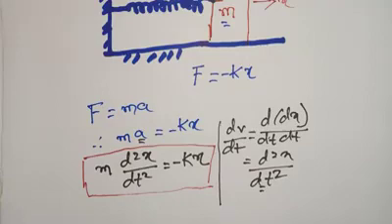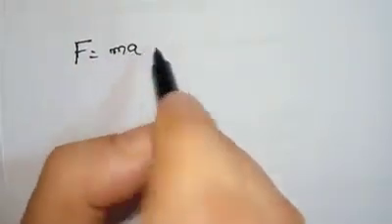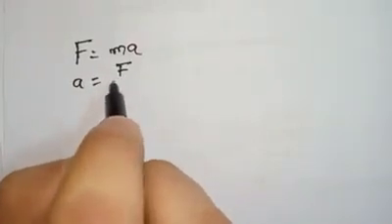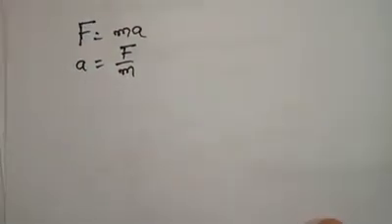So now let us get into another example. We will use the same thing, F equals ma, and we will rewrite this equation in order to find something else. This is the most common example, so it would be easy. We write F equals ma. We know a equals F by m, right?